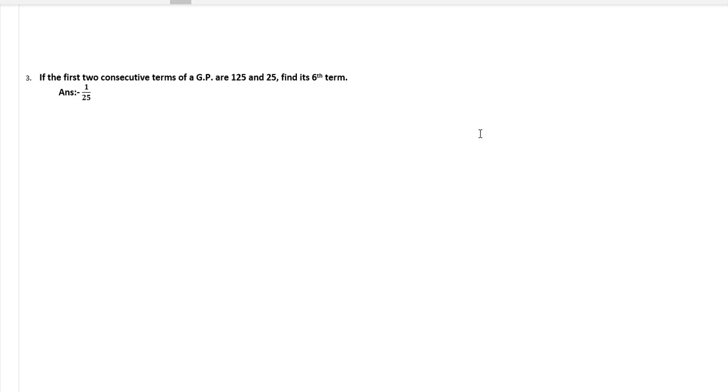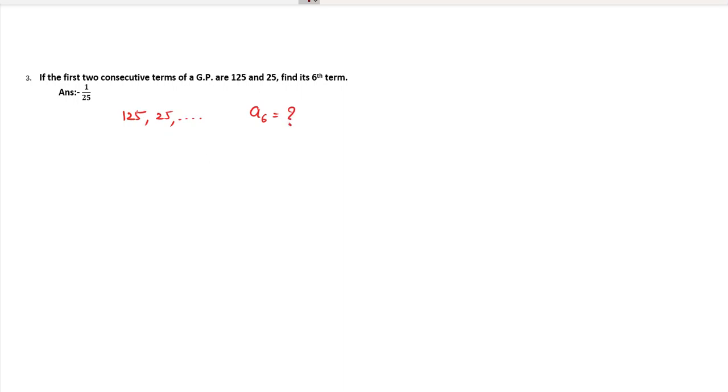Okay, next question. If the first two consecutive terms of a GP are 125 and 25, find the sixth term. So a GP has first term 125, second term 25, and so on. We have to find its sixth term.